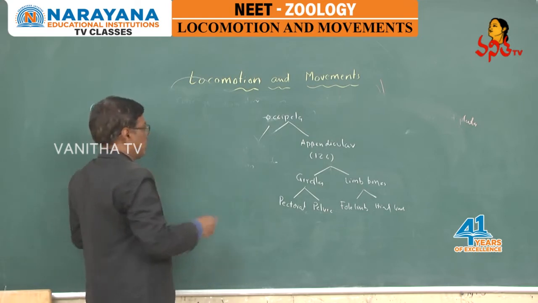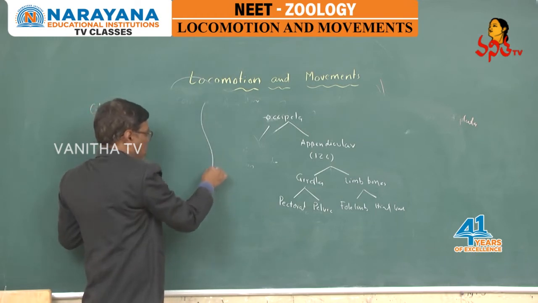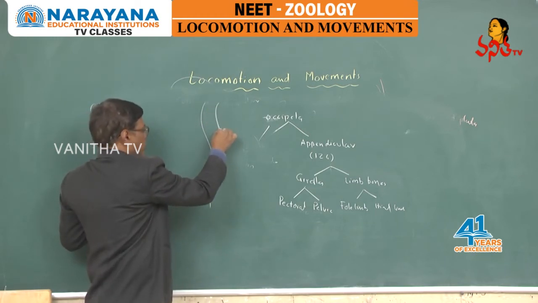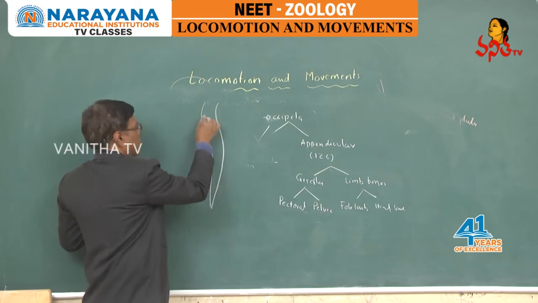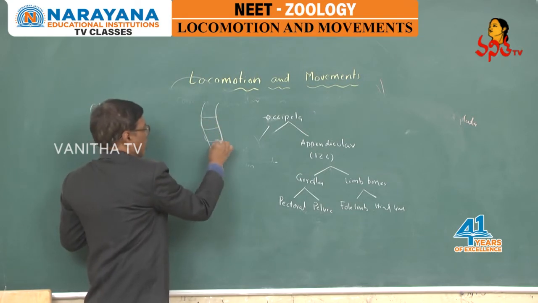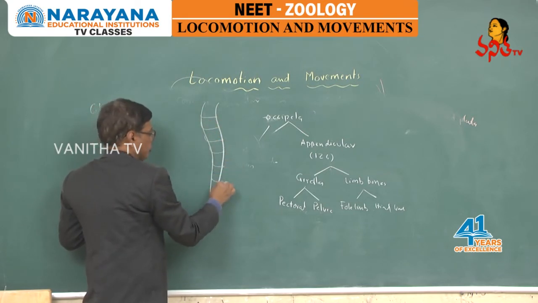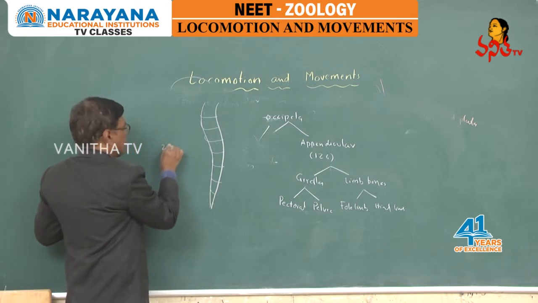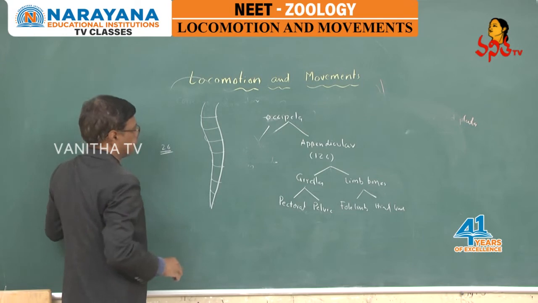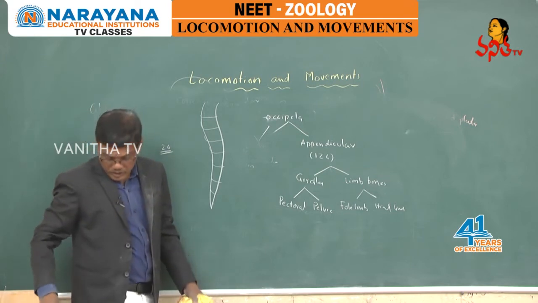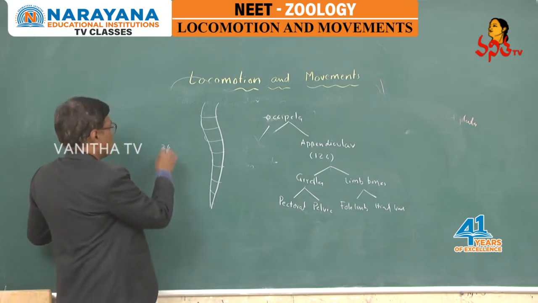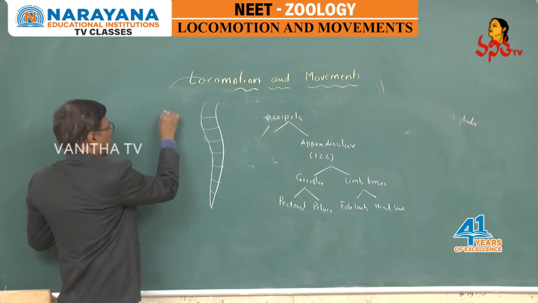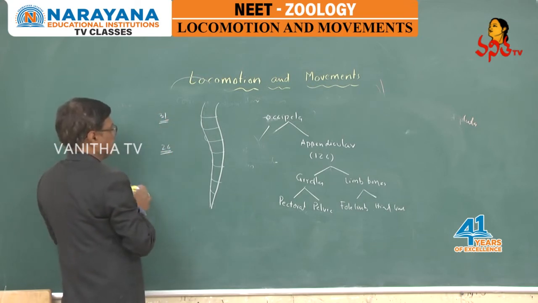In human beings, the vertebral column is made up of several irregular shaped bones called vertebrae. In adults, 26 vertebrae are present, whereas in the embryonic stage, 31. This we will discuss again.